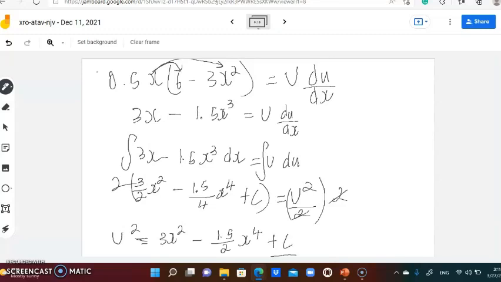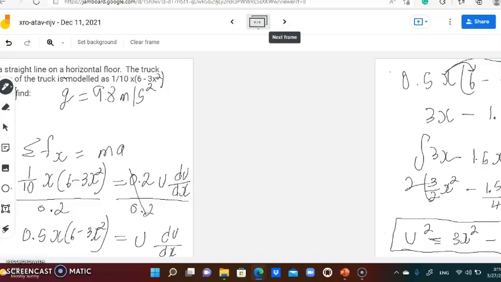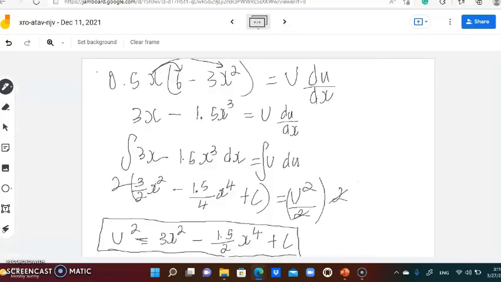So here I have an expression for u squared, which is 3x squared minus 1.5 over 2 x to the fourth plus c. And you know, we could fix that up by putting the higher power first.